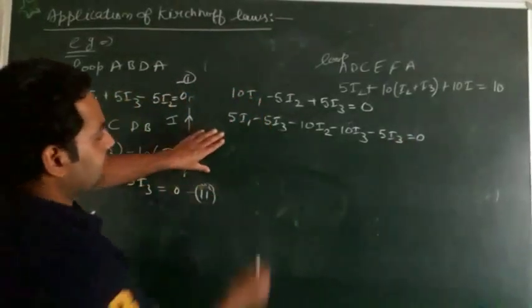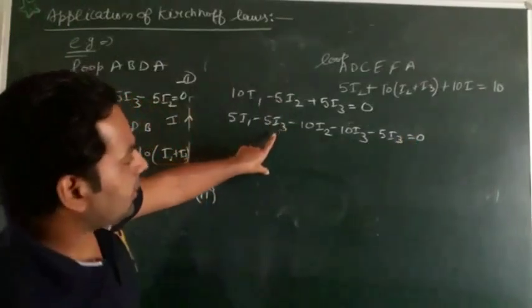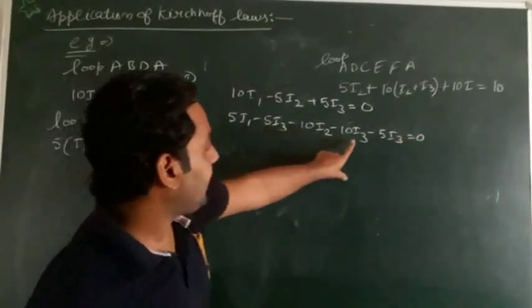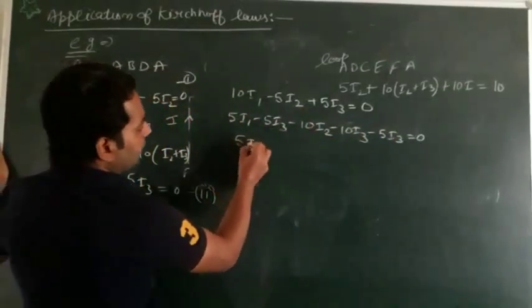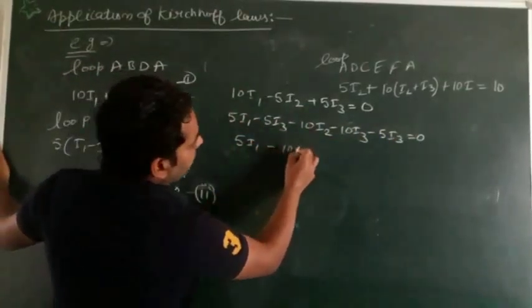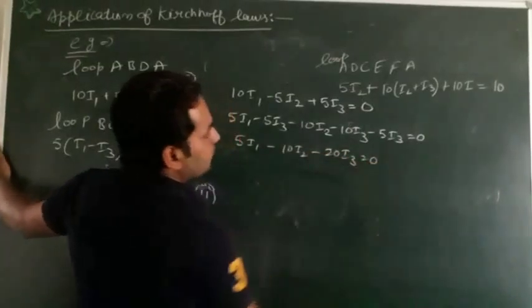So rearrange it. There is only one term of I1. There are three terms of I3: 5, 10 and 5, so here it comes to 20I3. So here it comes out to be 5I1 minus 10I2 minus 20I3 is equal to 0.